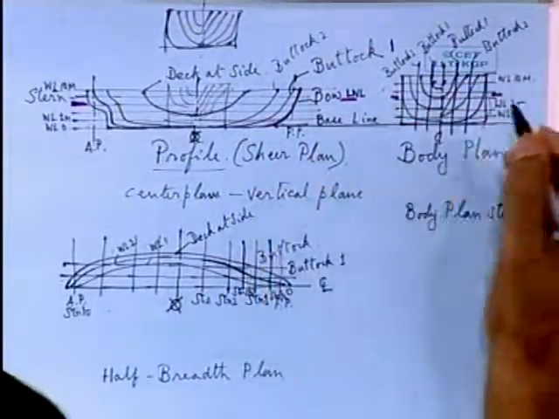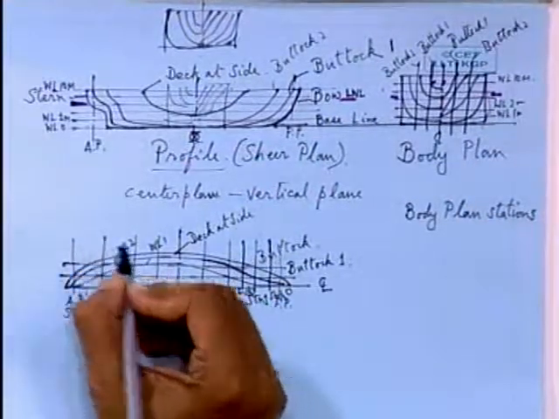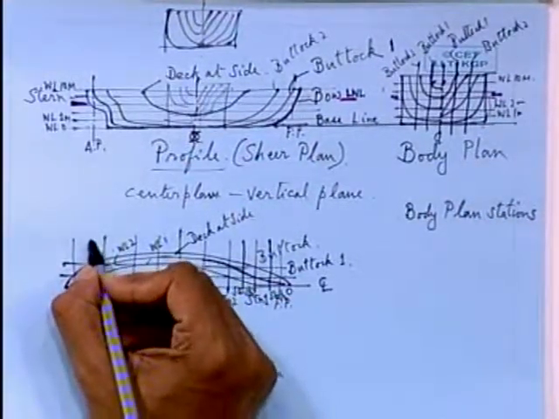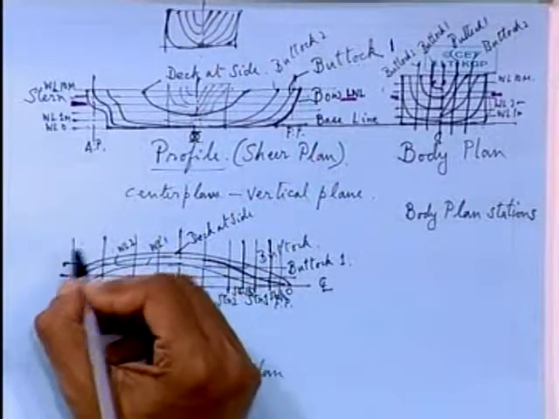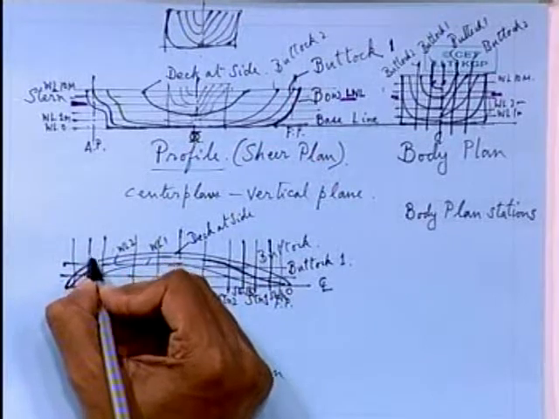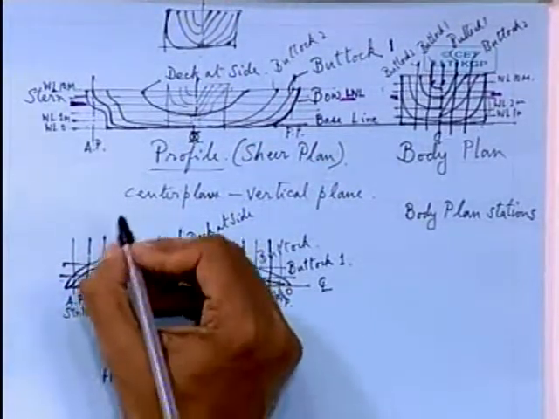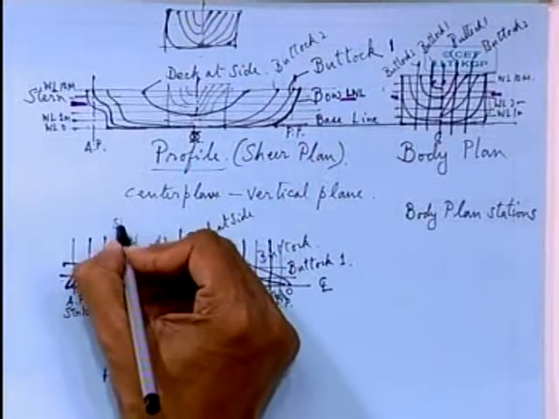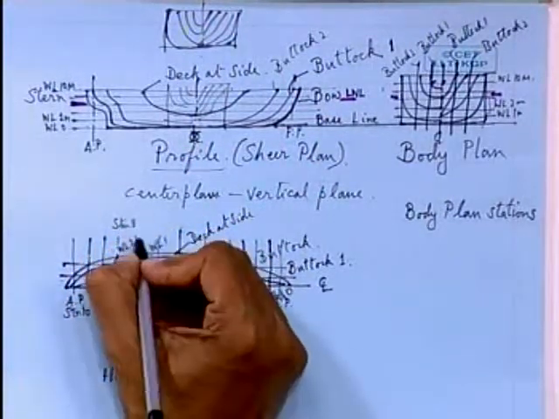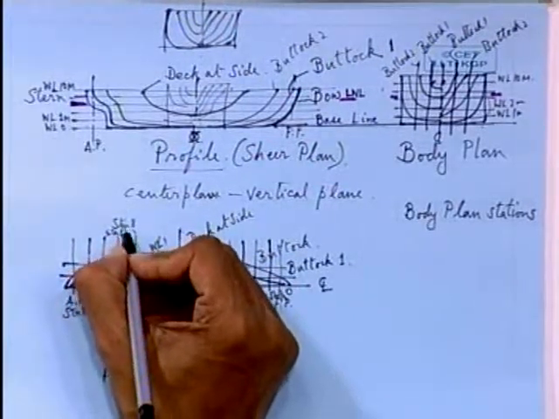So these also are to be shown in the body plan, and also at the rear of the vessel, that is from the midship towards the after end, you can also have half stations. So this will be, say, station number 8, sorry, station number 8 may be this one, this will be station 8 half, like that it is to be indicated.